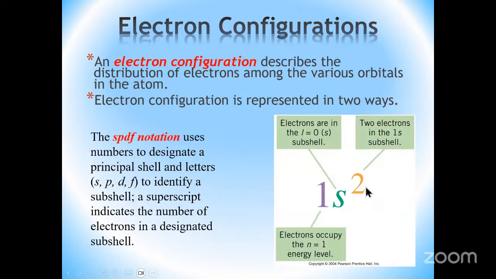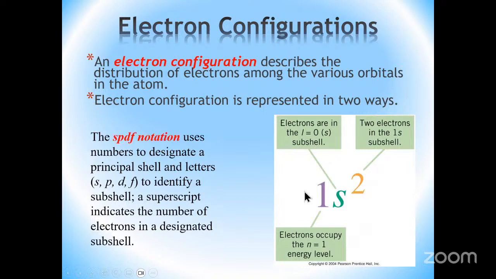Basically, it's summarized looking like this, where this number here represents the shell number. So this is telling you that the orbital here is in n equal 1 in terms of the shell. The S here, of course, represents the subshell, where the L value is equal to 0. And then this 2 here, written as a superscript, represents the number of electrons in that particular subshell.